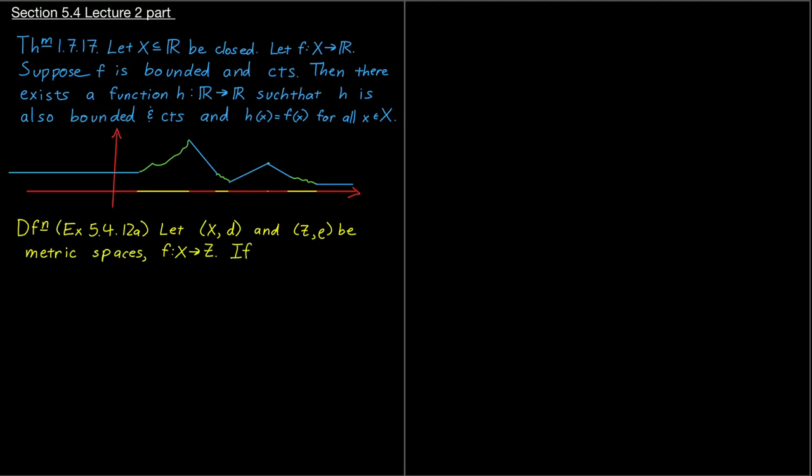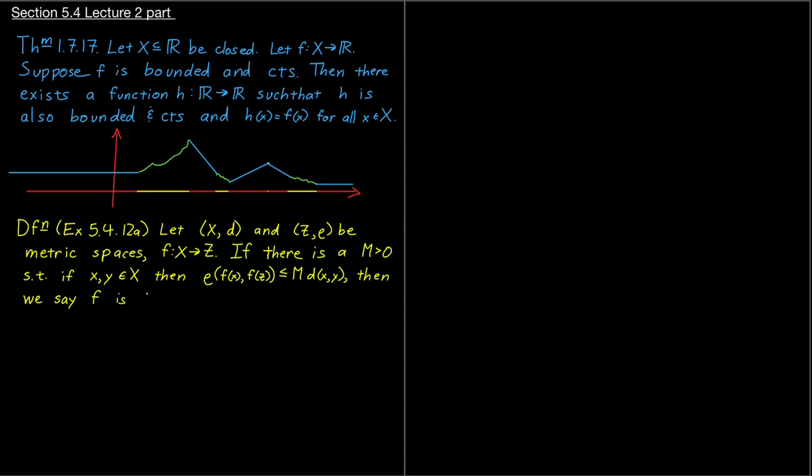And then if there is a constant m, that is a positive real number, such that if you take two points in our domain, then the distance between their images is never any more than m times the distance between the inputs, then we say that f is Lipschitz.